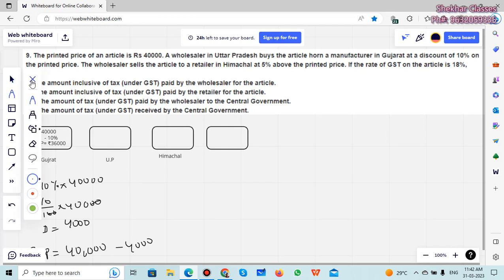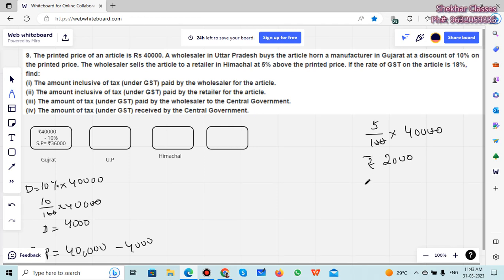Now let's calculate it here. The selling price will be the mark price plus the above amount. So what is the above amount here? We'll calculate that: 5% of what? 40,000 is the printed price, remember. So 5% of 40,000, with the zeros cancelled, will be 2,000 rupees.